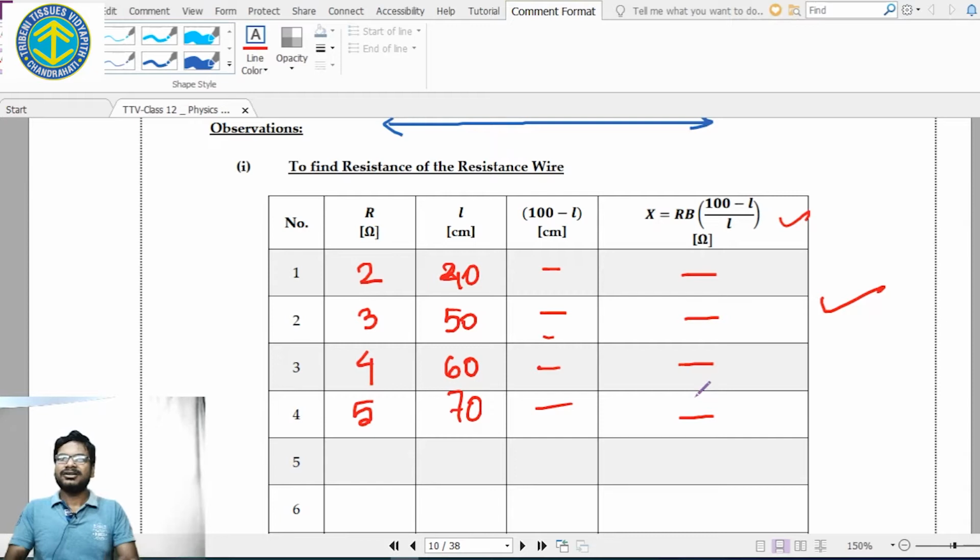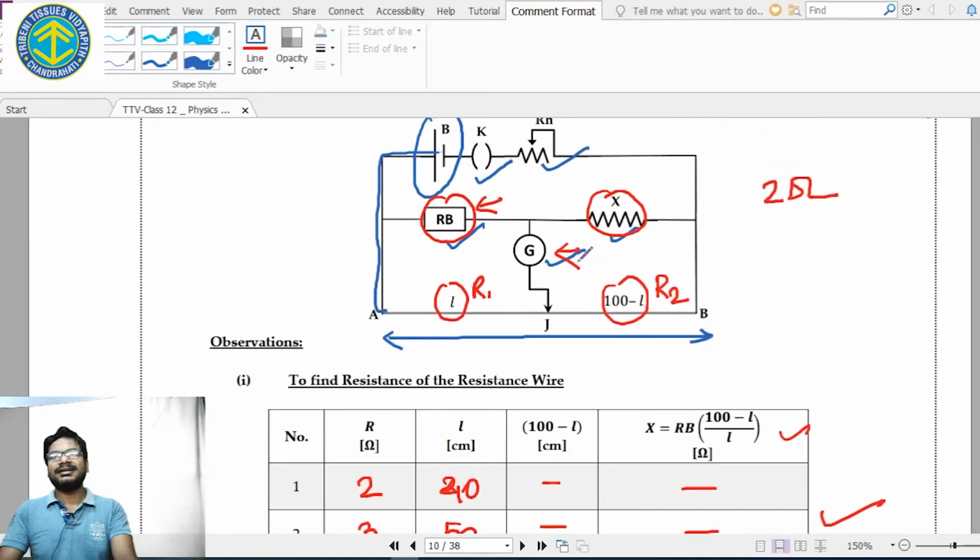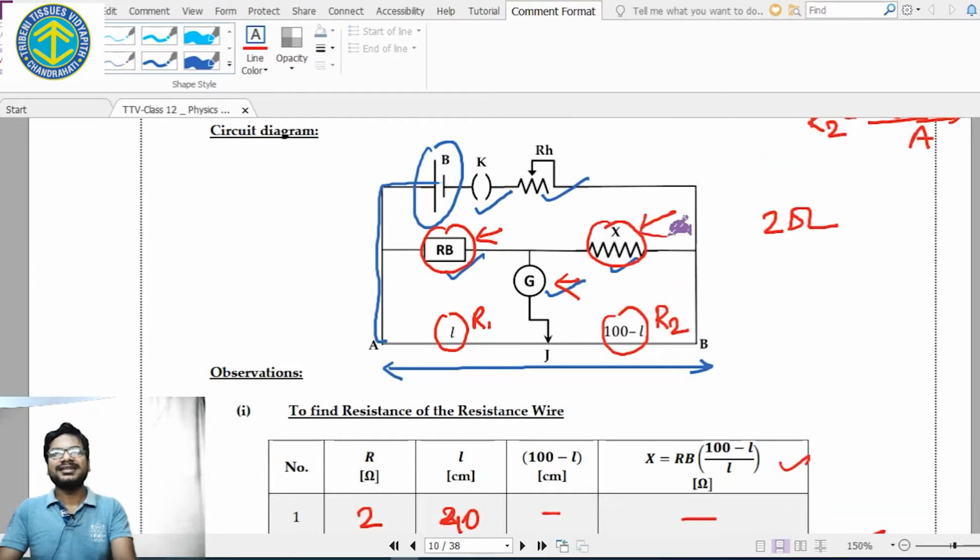Now another part of this experiment is to find out the cross sectional area, and then the resistivity of the sample wire. Now what is the sample wire? As I said, we are going to use an unknown resistance called X. X is basically a short wire, nothing else.